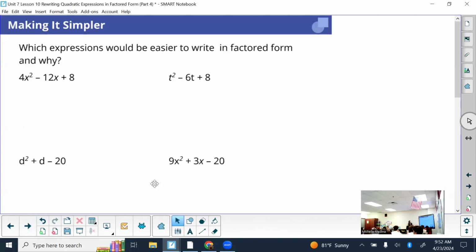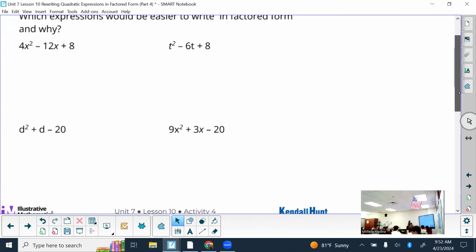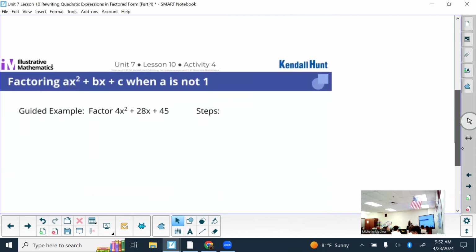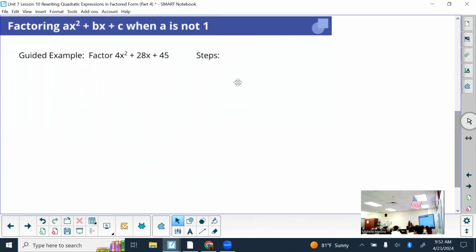So now we're going to skip to the make-it-simpler part. Our main focus is factoring when A is not 1. So I have an example for you, and you should write the steps here as we go.